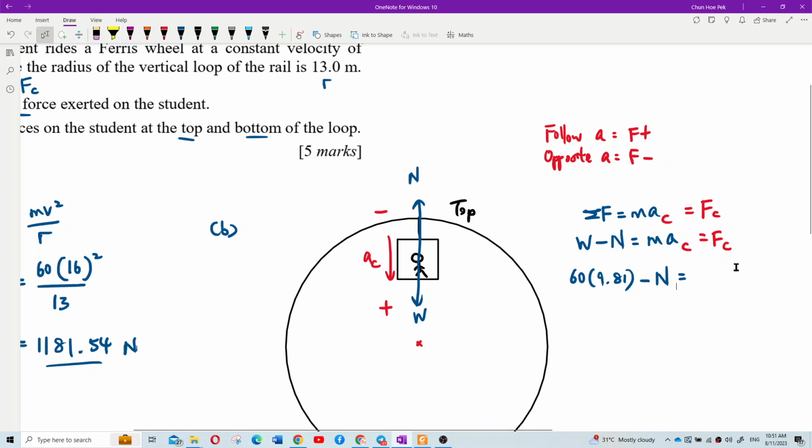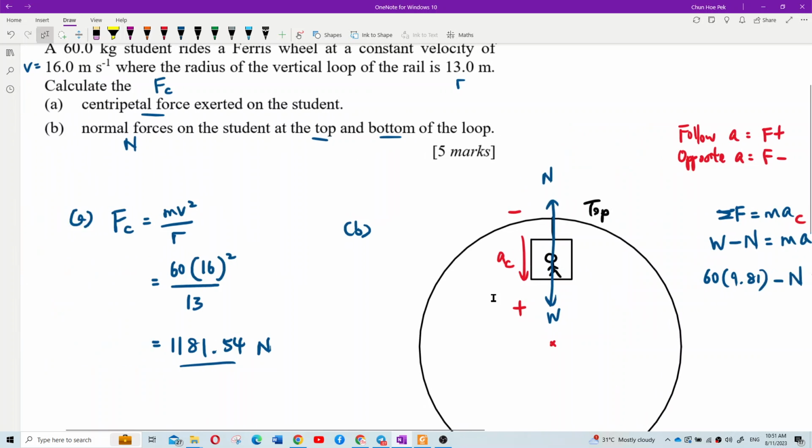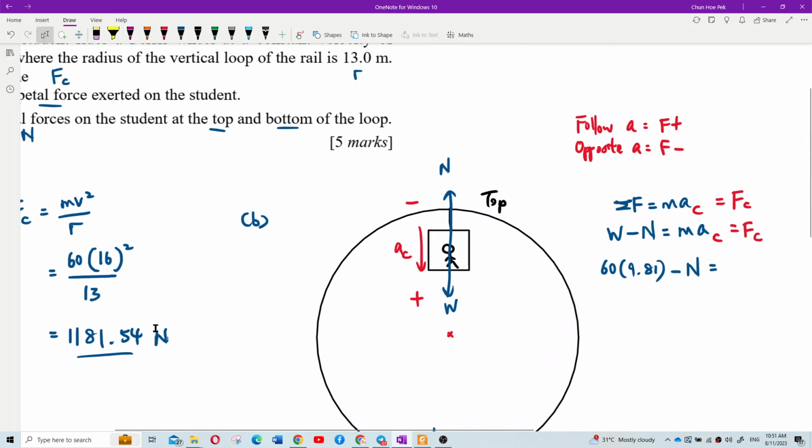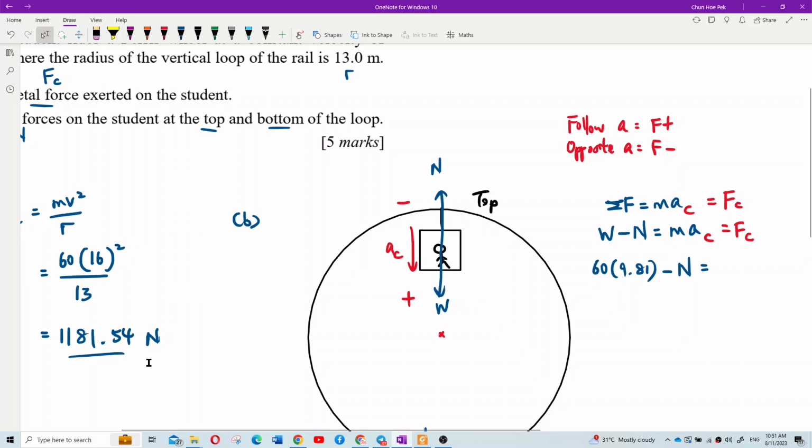The resultant force is the centripetal force, 1181.54. So what's the normal force?